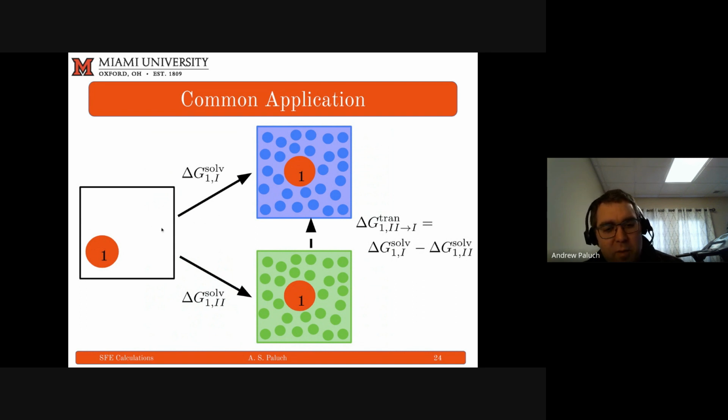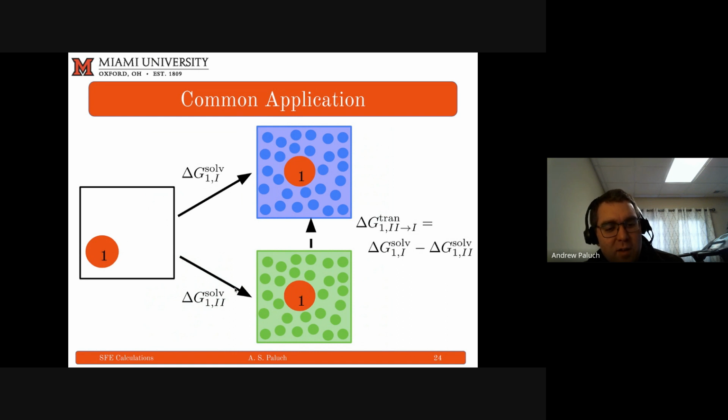A common place where these are used is calculating things like partition coefficients. The general idea is that I perform a solvation free energy calculation to get the free energy difference between my solute in a non-interacting ideal gas state and fully interacting in solution, call that solvent 1. I could perform the same calculation in say some solvent 2.